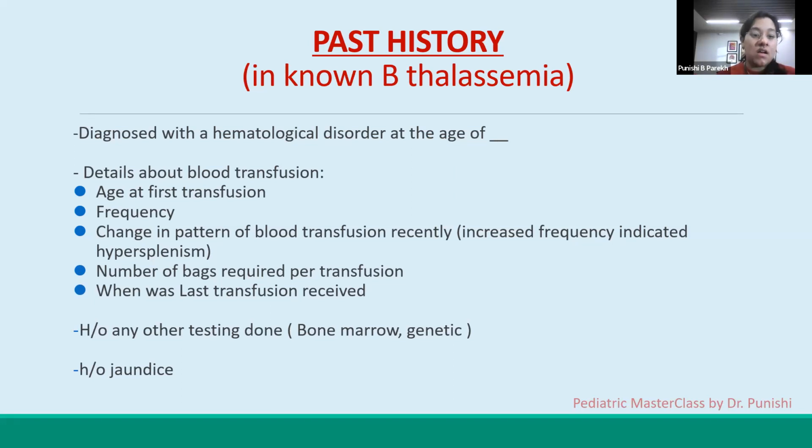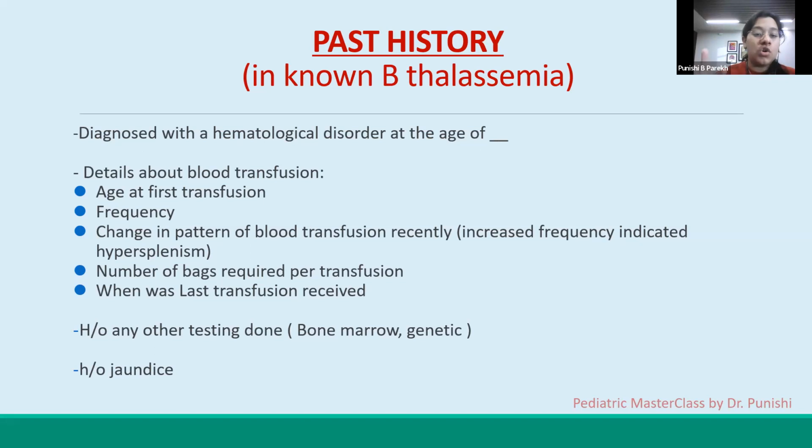So that's another important question, because in case they are planning another pregnancy, then you don't want that other kid to also have beta thal major. So your set of counseling and investigations in the antenatal period will change if the parents are known beta thal carriers.